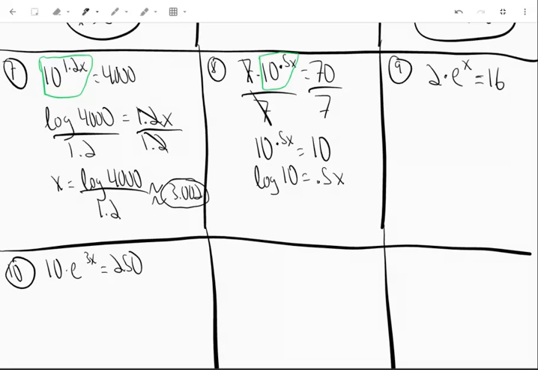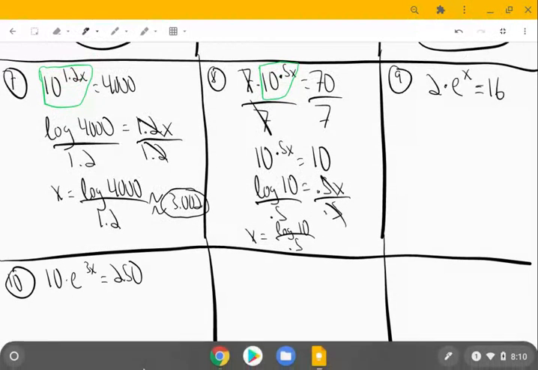Now log base 10 of 10, we can do that, or we could just continue on here. We can divide both sides by 0.5. So we end up with log base 10 of 10 over 0.5, and we can Desmos that.